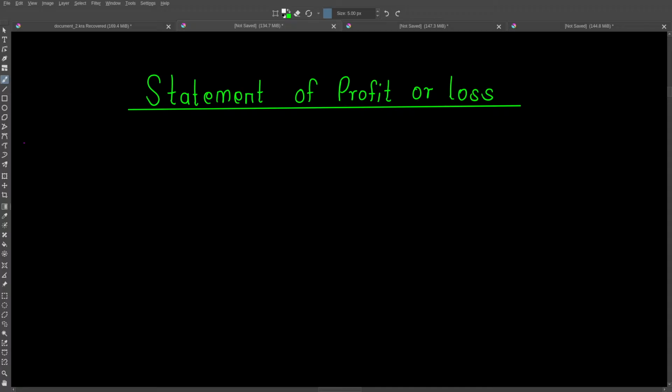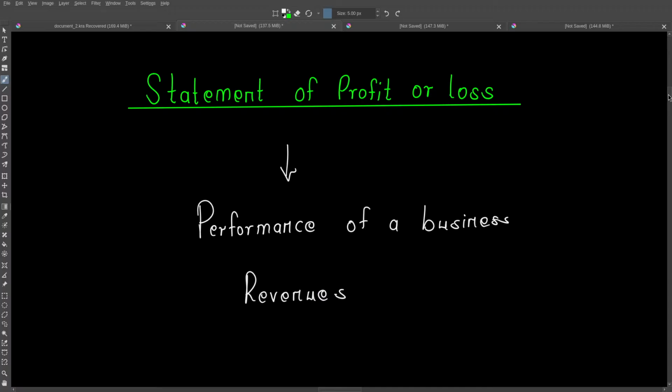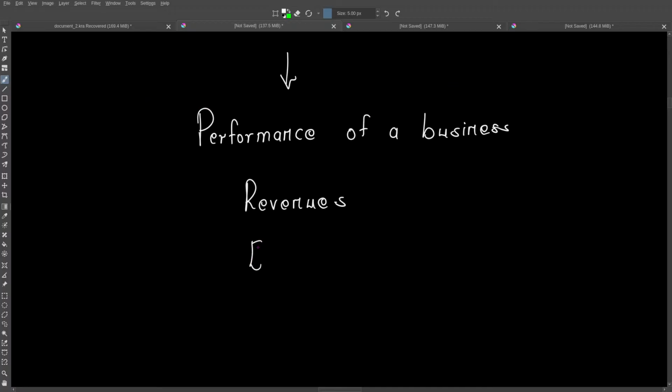The statement of profit or loss summarizes and shows you the performance of a company, the performance of a business, because you're able to see the revenues during a certain period, and then you're able to see the expenses that business has incurred during that same period.